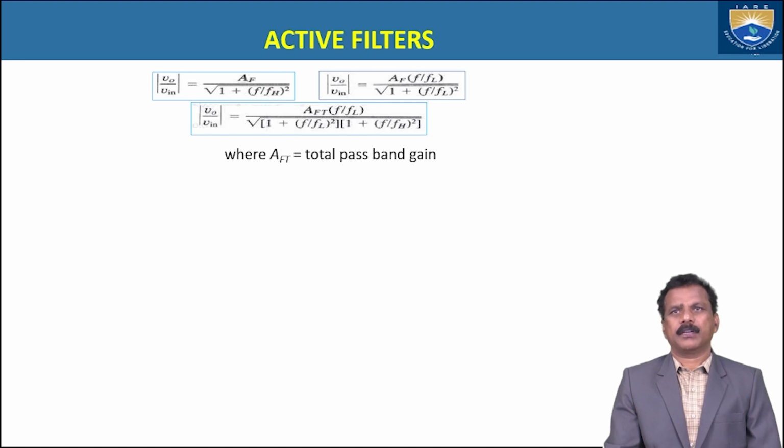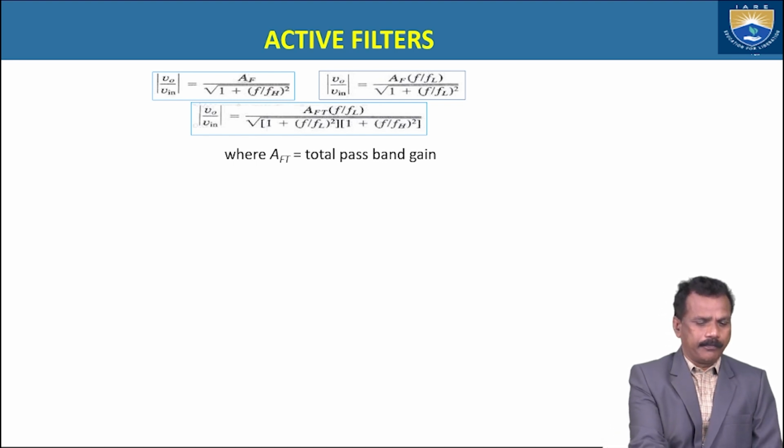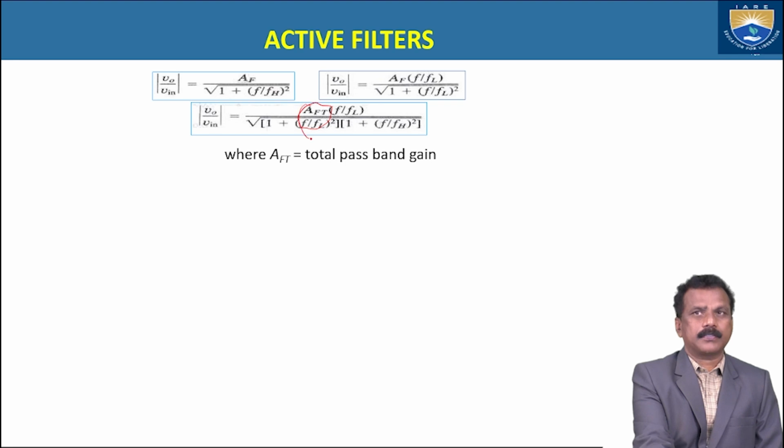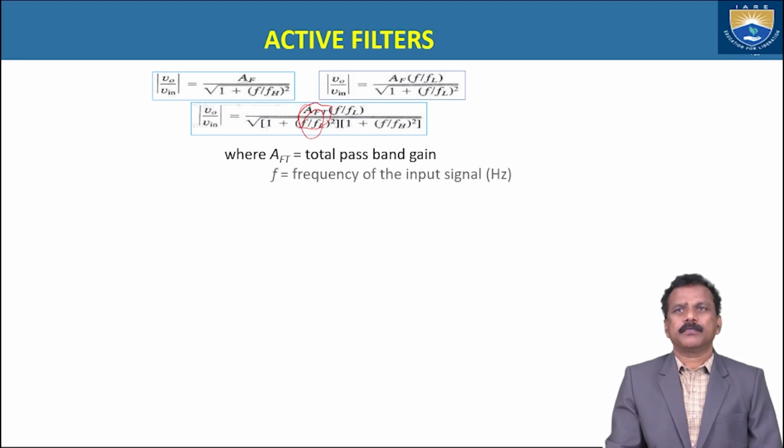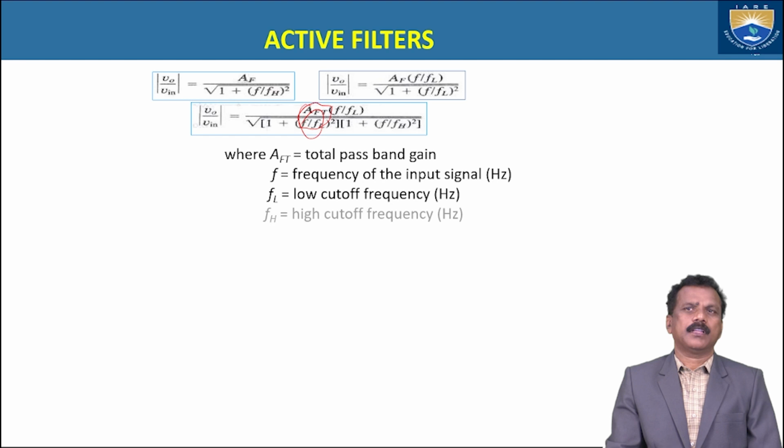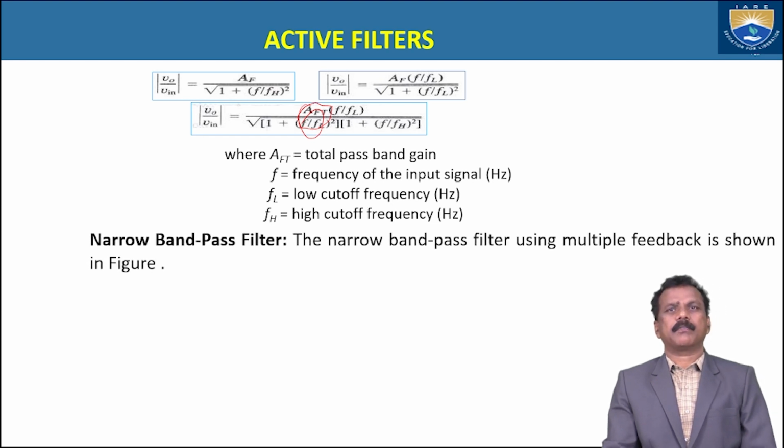F is the frequency of the input signal, FL is the low cutoff frequency, and FH is the high cutoff frequency.